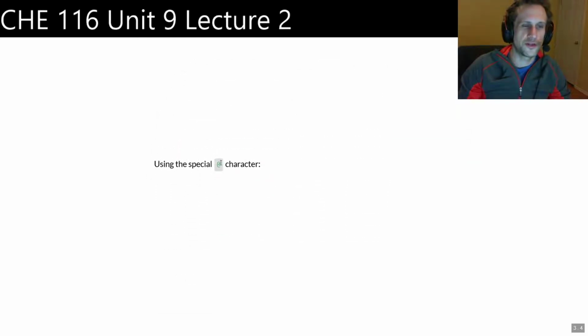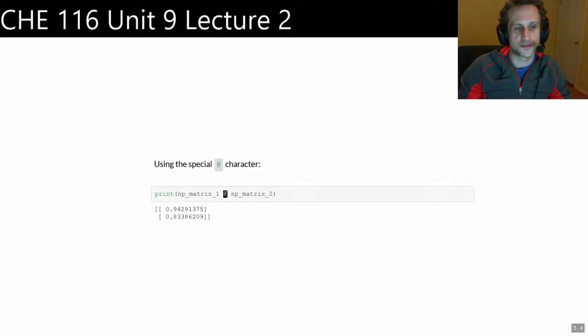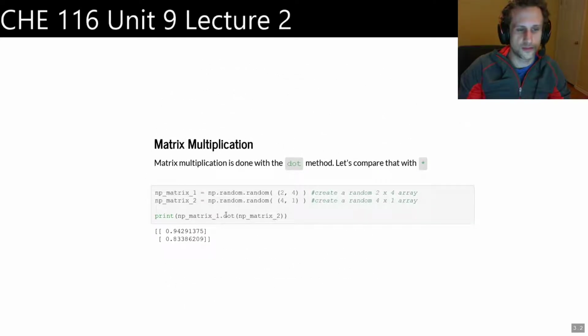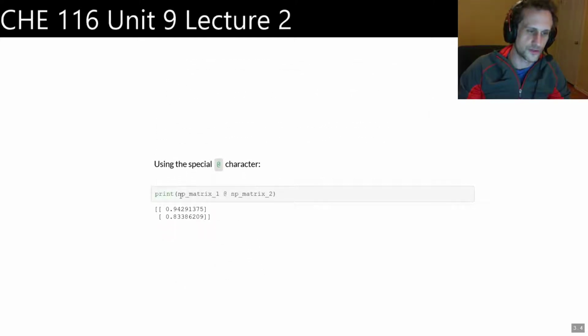Now, in newer versions of Python, I think starting at 3.7, we have the at character, and this special at character replaces matrix multiplication. So rather than needing to do the dot, we can just use the at symbol.